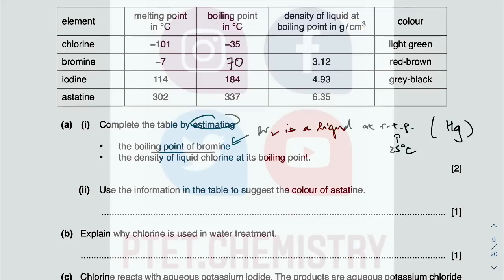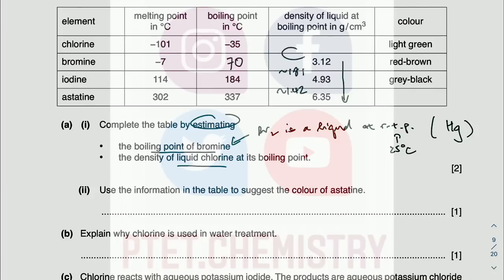Alright, next bit, the density of liquid chlorine. Down this group 17, the density actually increased. We can work out roughly how much they increased by. 4.93 minus 3.12 is an increase of roughly 1.81. 6.35 minus 4.93 is roughly an increase of 1.42.